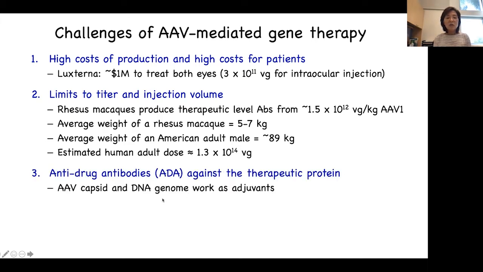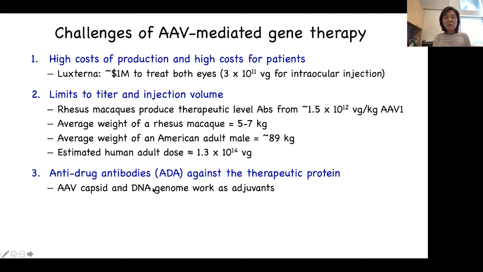And more importantly, the anti-drug antibody. That's the antibody we generate against the therapeutic protein. This is a big problem because once these antibodies are produced, the therapeutic protein level in serum goes way down and it becomes useless. And the thing is, AAV capsid protein and DNA genome work as adjuvant.